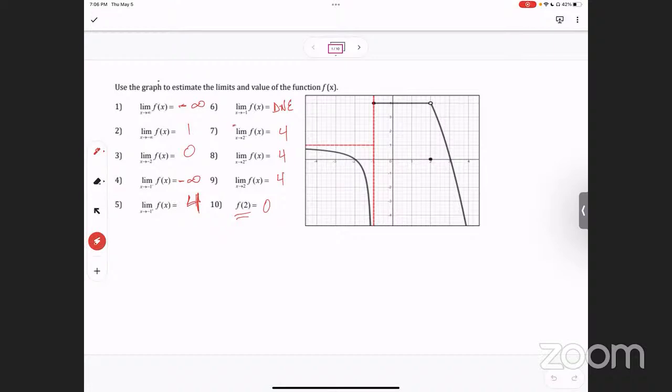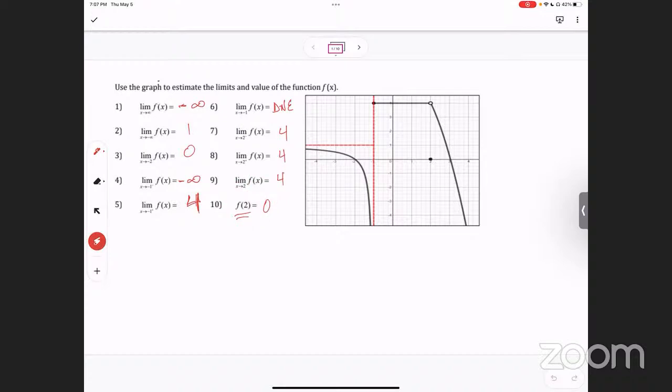The limit just means what would you expect the value to be as you got closer and closer to it. It doesn't matter what it actually is. As long as the limit is the same from the right as it is from the left, then the limit at that point exists.